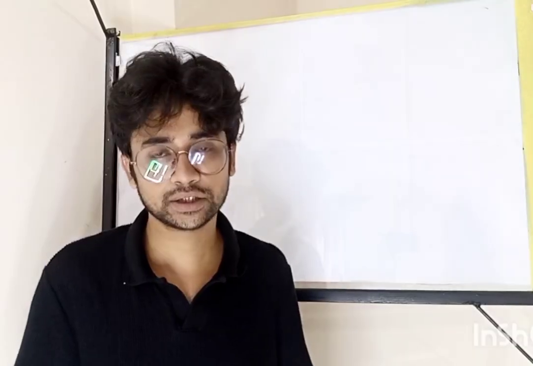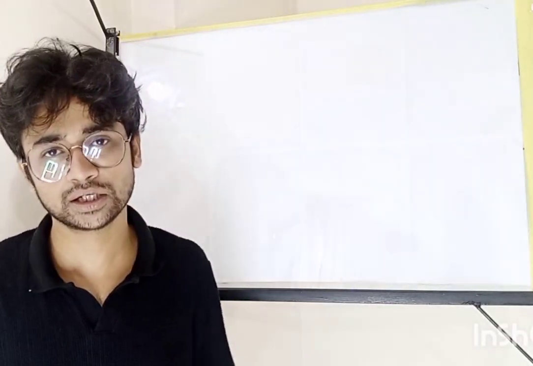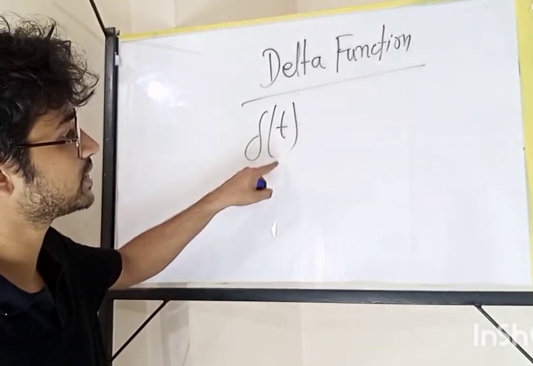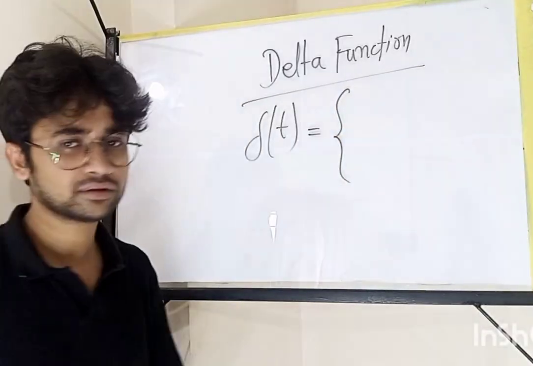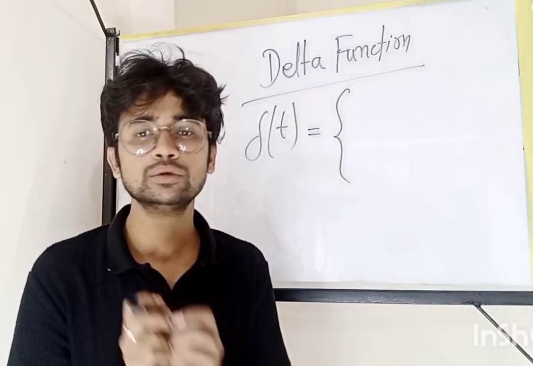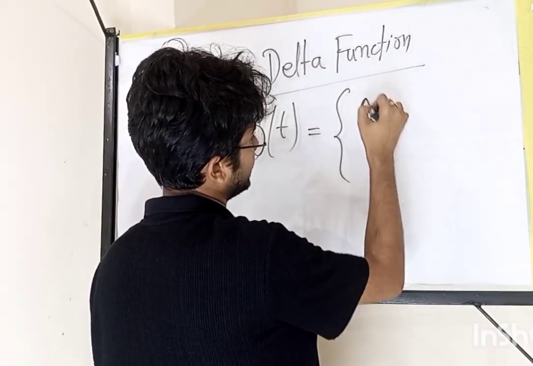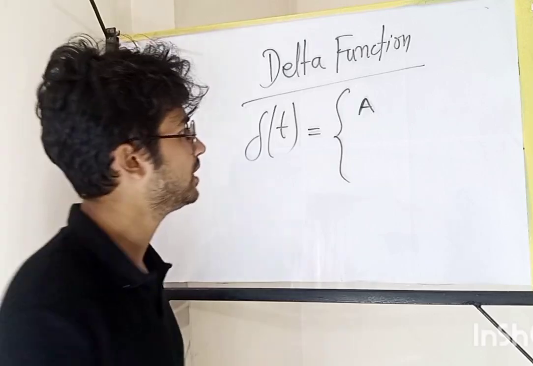What is called a delta function? Today I'm going to explain what the delta function is, a time domain function. The delta function is represented by a single spike, a single value at 0. The amplitude could be anything: 1, 2, 3, 4, 5, or infinity.